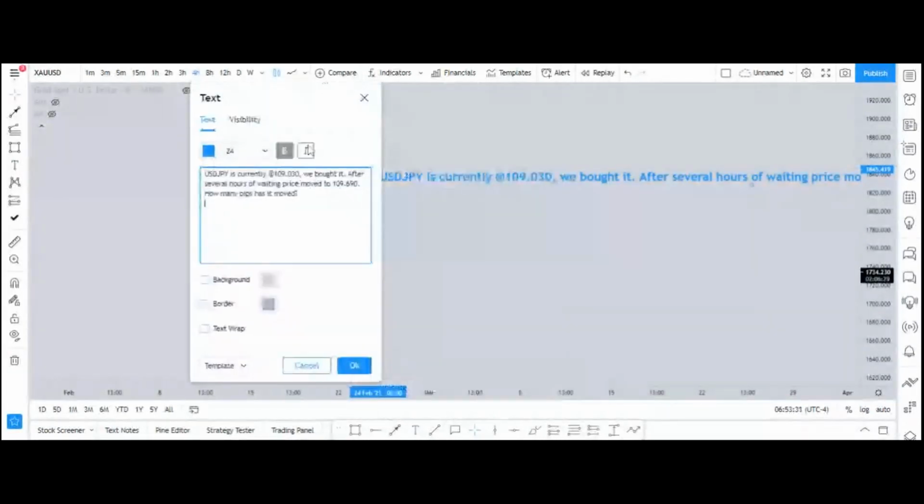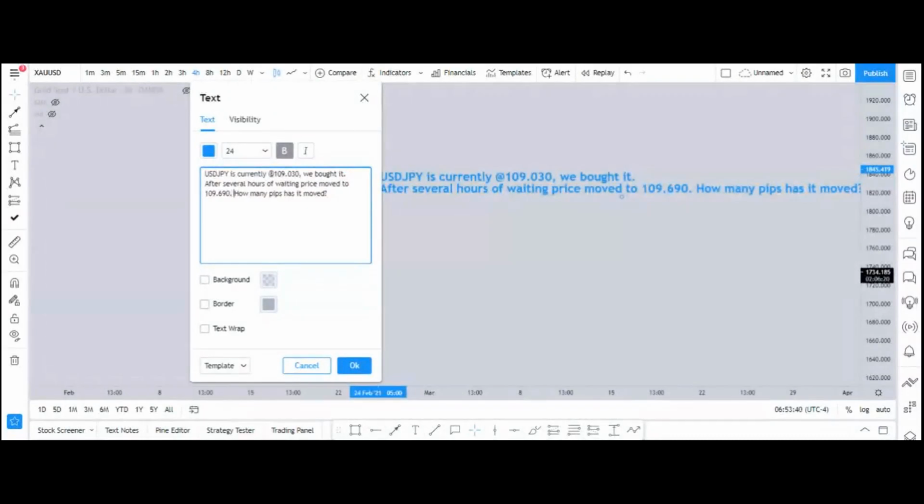So for JPY, I don't want us to go long on it. I want us to go short.